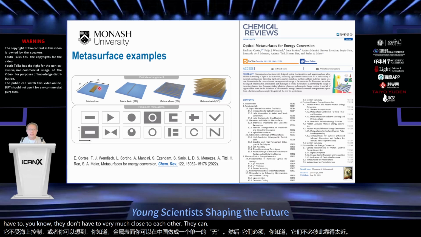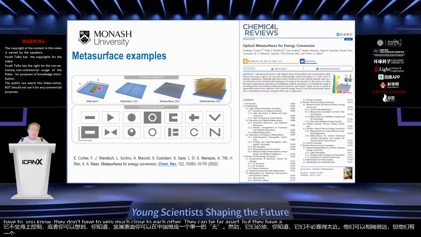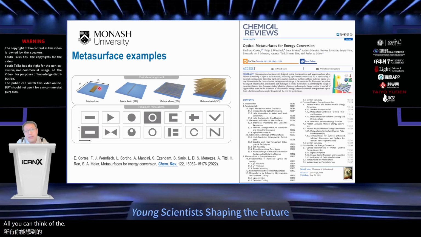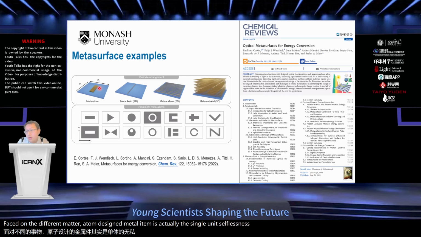They can be far apart, but they have strong light-matter interactions, so you can think of applications like energy conversion, or you can think of a 1D chain, a 2D array, or even stacking the metasurface in 3D based on different meta-atom designs. The meta-atom is actually the single unit cell of these structures, right?